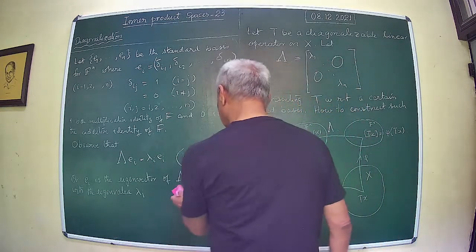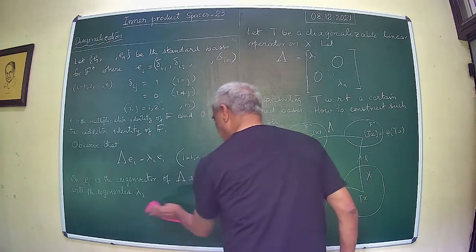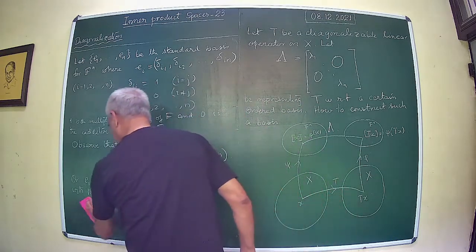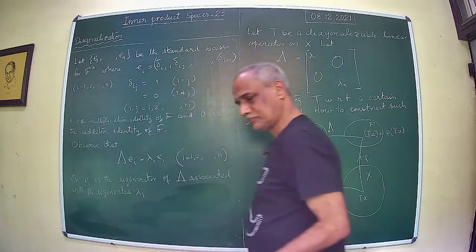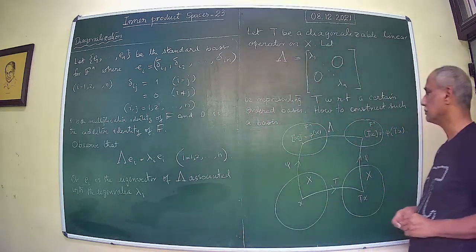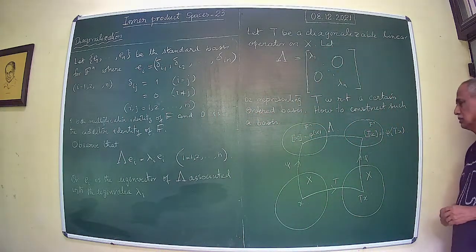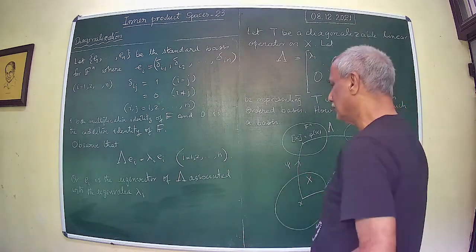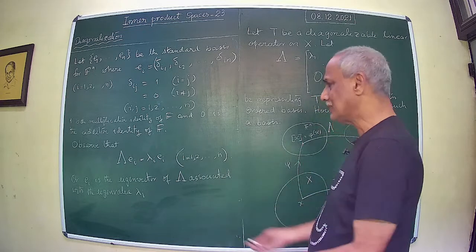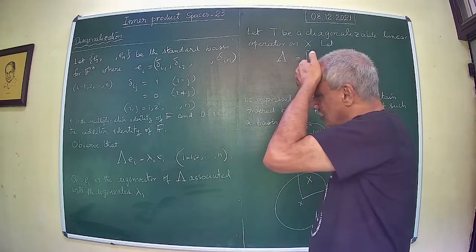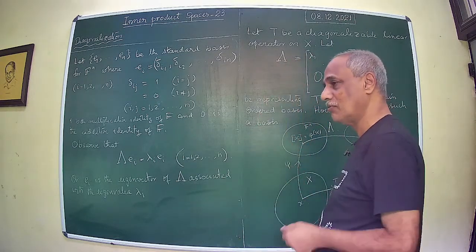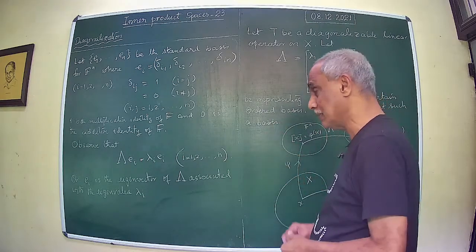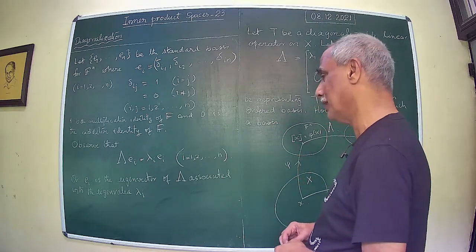Just keep that in mind. We all know what it is in this case. Therefore, you see that if it is diagonalizable, then the e_i's are the eigenvectors of lambda associated with the eigenvalue lambda_i.